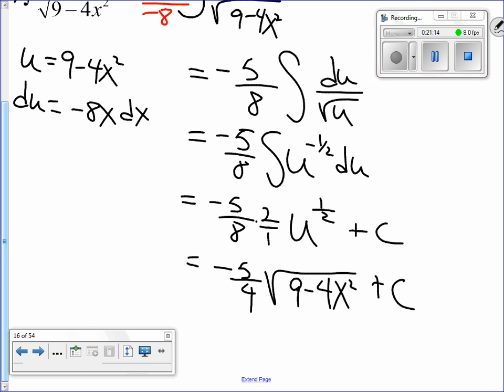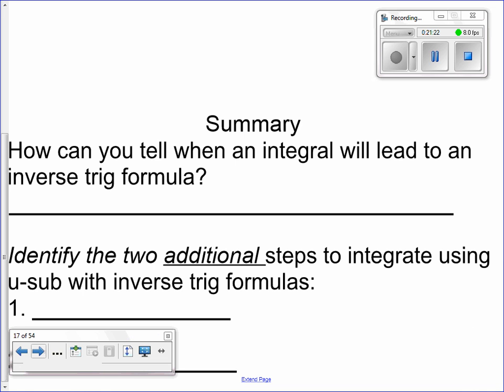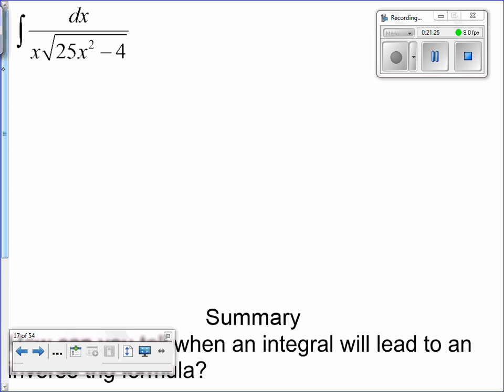All right, now I got to do this next one. I don't know. This is, ooh. First of all, could I make u 25x squared?